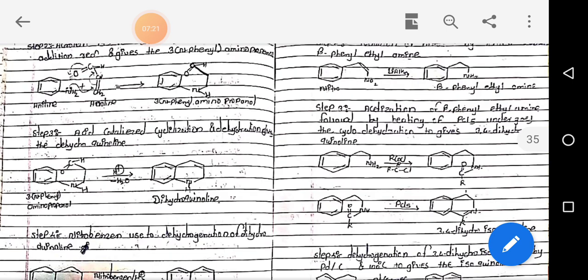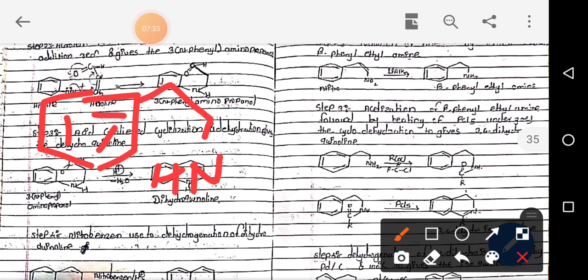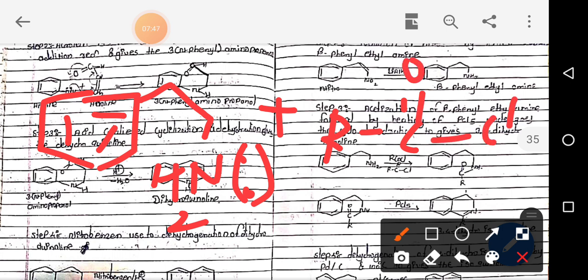So what happens? The intermediate reactions are given. This is the one step. Here we form the NH2. Now the nitrogen of NH2 has a lone pair of electrons, so it can act as a nucleophile. It will react with RC double bond O Cl, that is acetyl chloride.